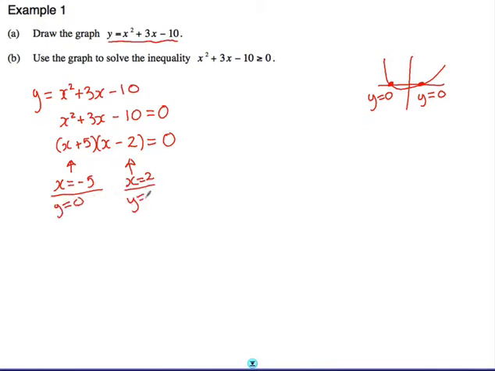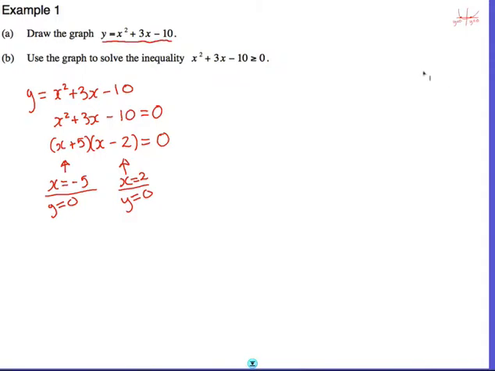Okay, so let's do a proper sketch. I'm going to move this over here, and for our sketch, very quickly, I'm just going to draw our axes.